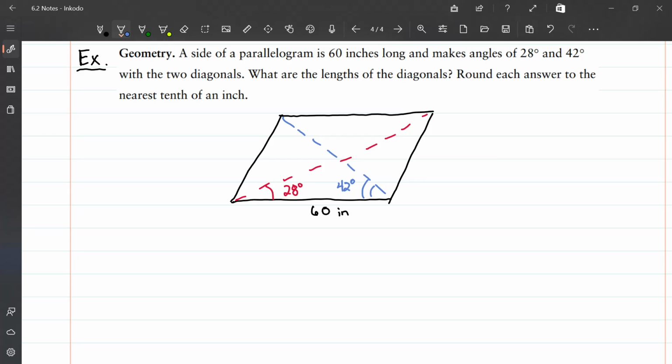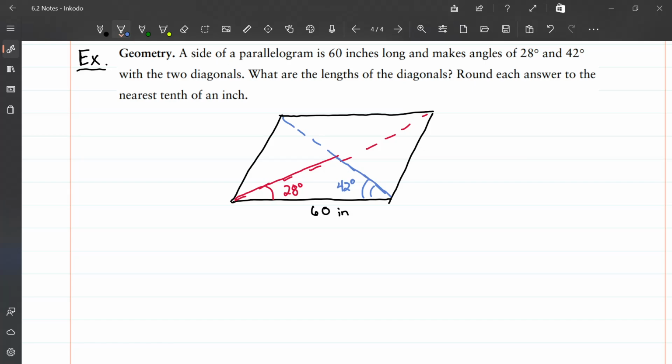Whew. Well, that sounds a little bit challenging at first, until you notice a couple of things. The first thing that you'll notice is that I'm making a triangle right here with angles at the corners of 28 degrees and 42 degrees.